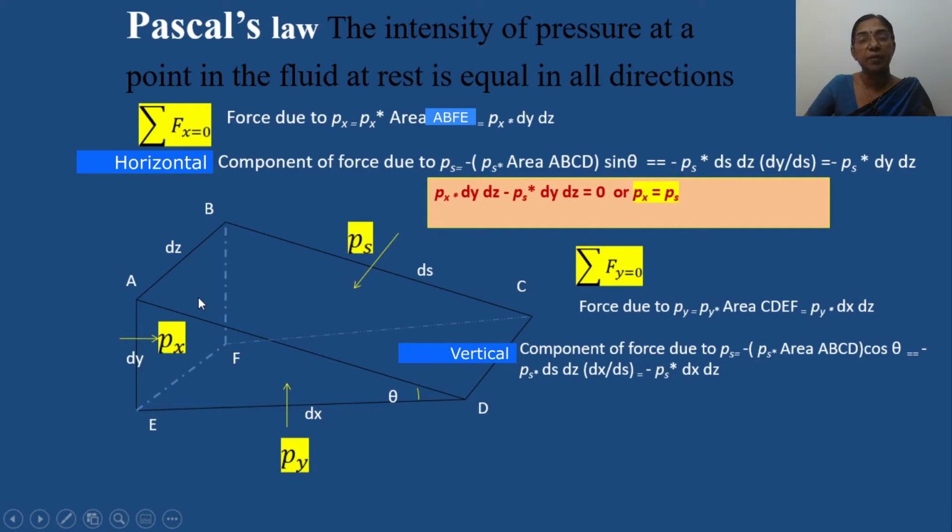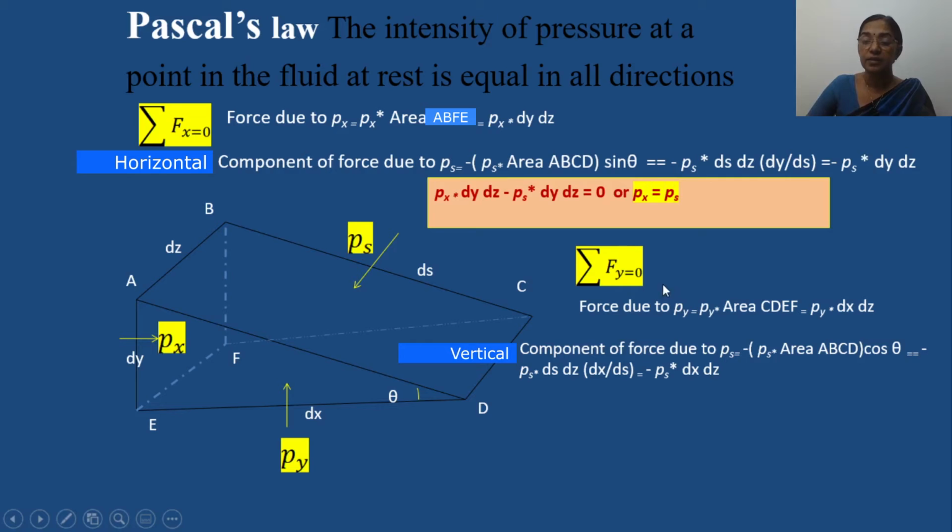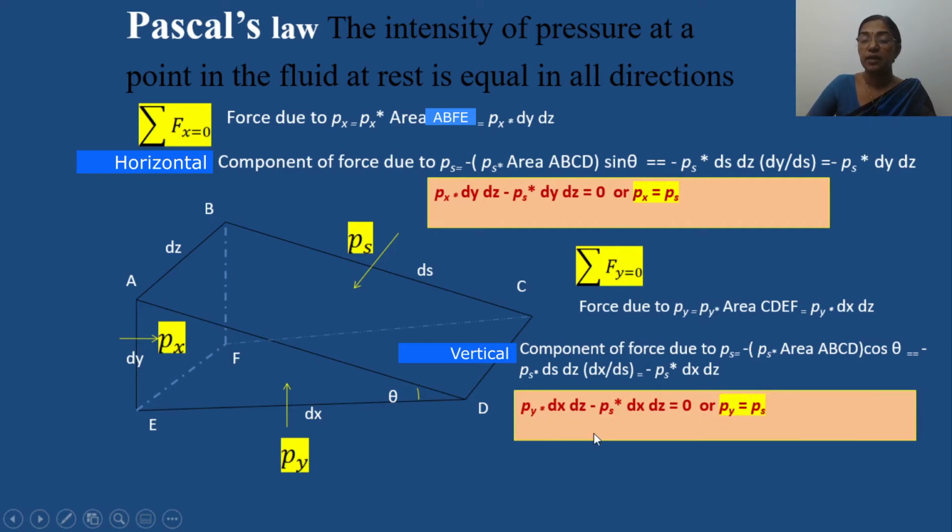This is the fluid element in the form of a triangular prism, and the size of the element dx, dy, dz is defined to be very small, in such a way that we can just neglect the weight component. That is why we are not accounting for the weight component. So substituting these two, you get Py into dx dz minus Ps into dx dz, or in other words, Py equal to Ps.